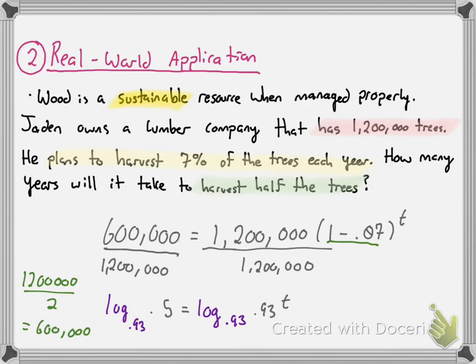Log base 0.93 and 0.93 on the right are going to cancel out. Then when I plug log base 0.93 of 0.5 into my calculator, I'm going to get around 9.55. So using that equation, using logarithms, I was able to figure out that it's going to take around 9.5 years for half of the forest or half of the lumber to be harvested.